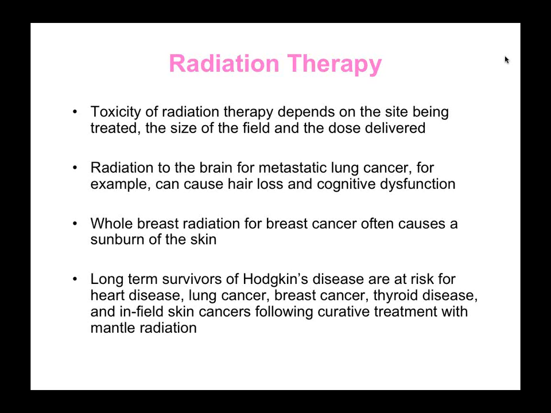So they may have some more tendency towards dementia and cognitive problems in the future. For patients who get breast radiation for breast cancer, this often causes a sunburn of the skin in the short term.